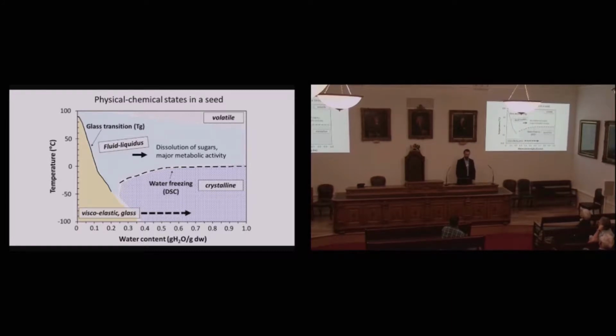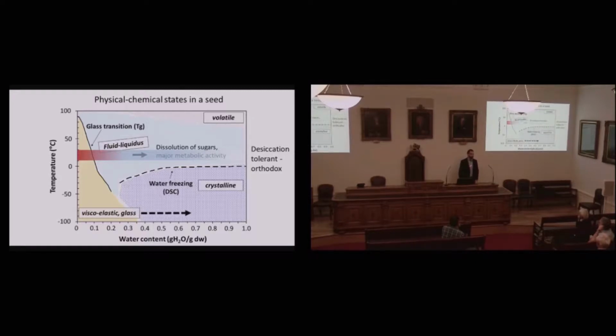If we think of the physical chemical states in a seed, we can see through this graph that at room temperature, as you reduce the water content, you can enter into a viscoelastic, solid amorphous state. You can enter into a glass when you lower the water content below 1.15 grams per gram.